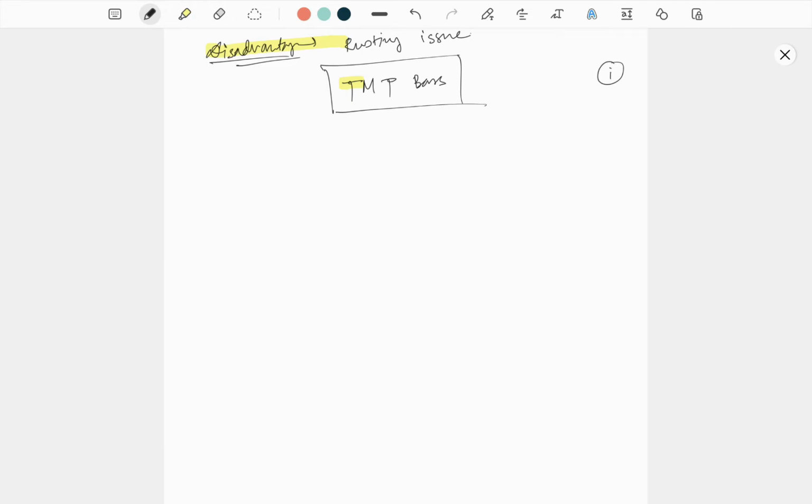Today we'll discuss TMT bars and lots of things. Why did this TMT bar come? What do you mean by TMT bar? What are some definite advantages? What is the difference between TMT versus mild steel versus HYSD?